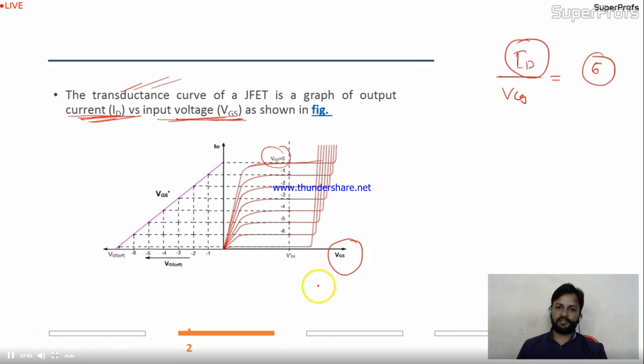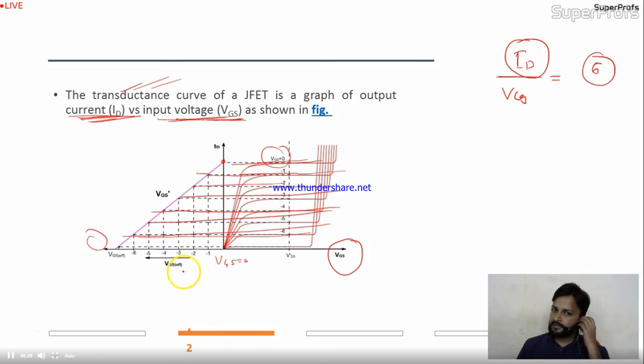At the input stage, you are applying the VGS only, and the VGS is negative. When current is max, your VGS is 0. But as your VGS increases, you get your currents like this. At low voltage, you get your saturation current.